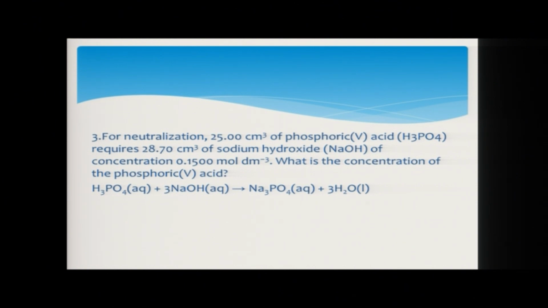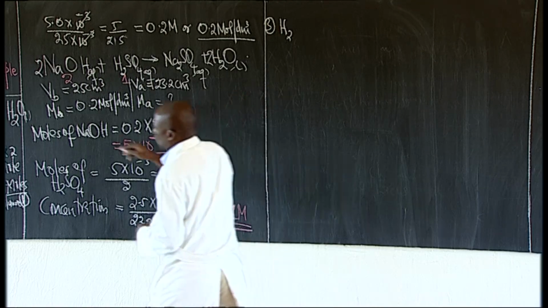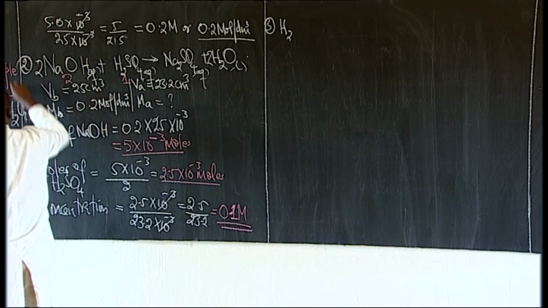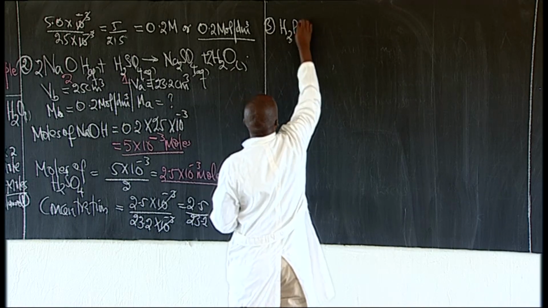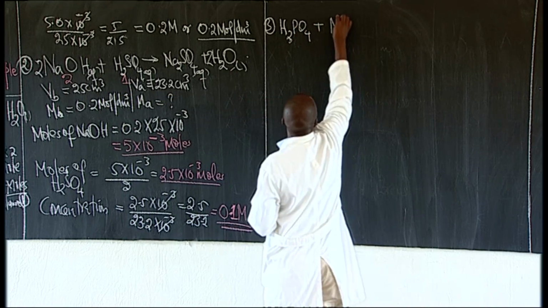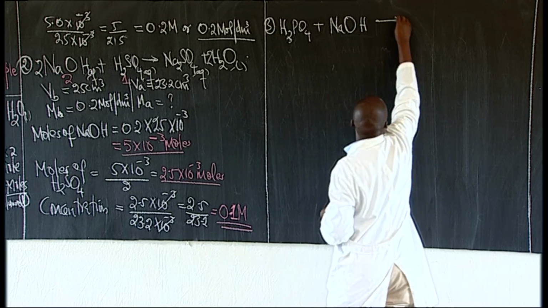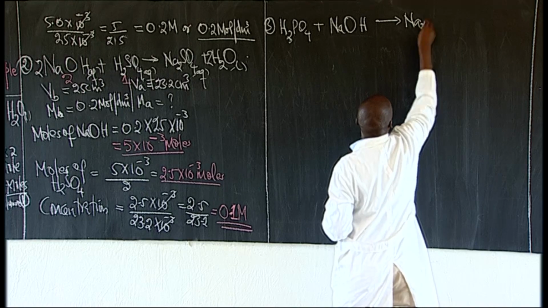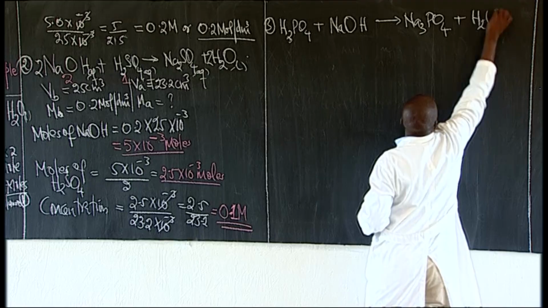So you have phosphoric acid. This is question number 3. This was question number 2 from here. So question number 3 is phosphoric acid combining with sodium hydroxide to give sodium phosphate plus the water.